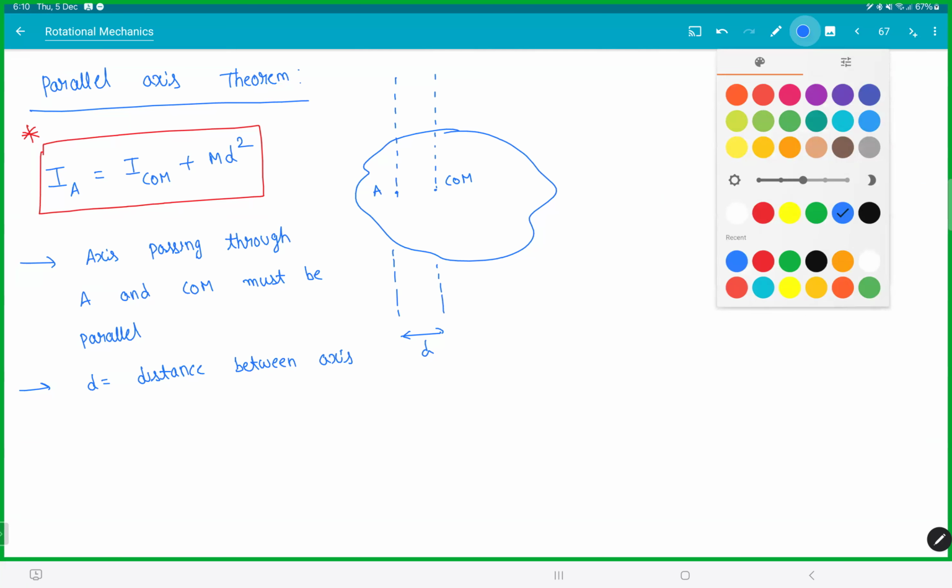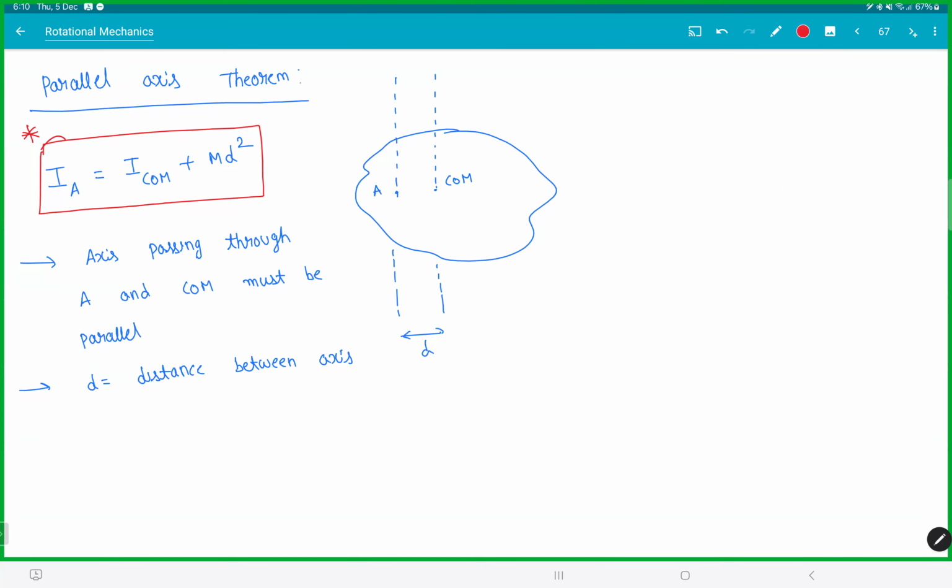So from that logic, the moment of inertia about any axis is the moment of inertia about the center of mass plus something. That means the moment of inertia about the center of mass is minimum. So among all the parallel axes, if you draw a lot of parallel lines, the axis passing through the center of mass has the least moment of inertia.